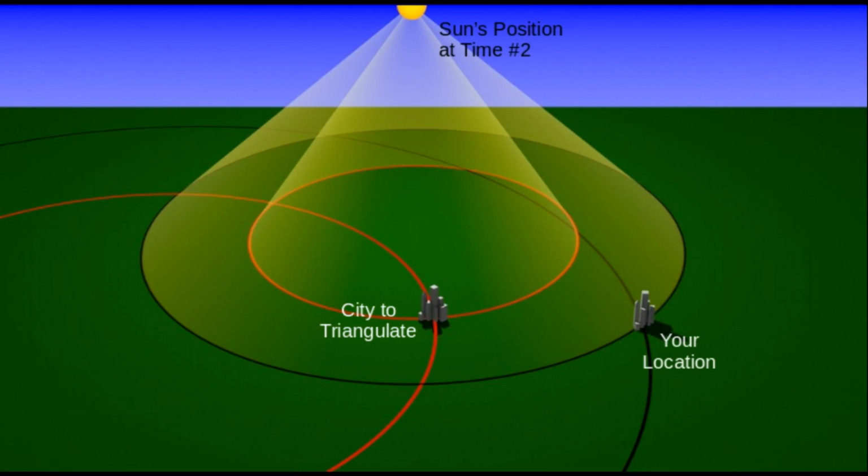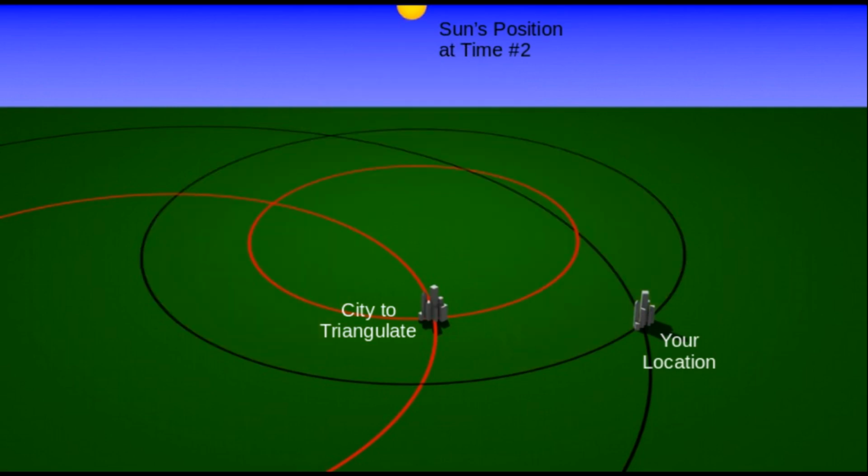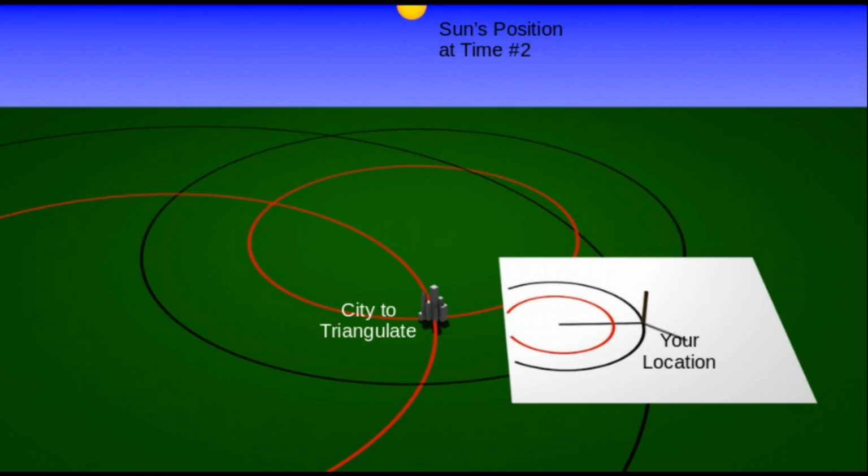Now suppose that the sun moves to a new position and we find these circles at time number 2. So the circles that we measure intersect our locations again and must intersect the other circles that we drew before. They must. So we're going to reproduce that on the map.